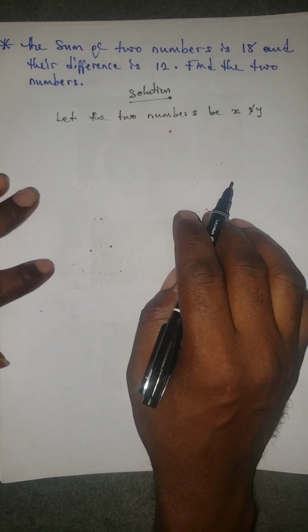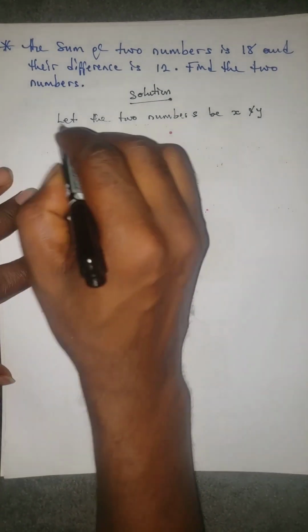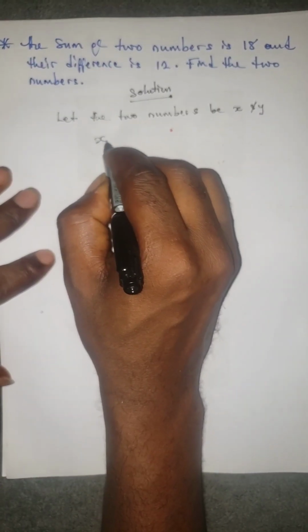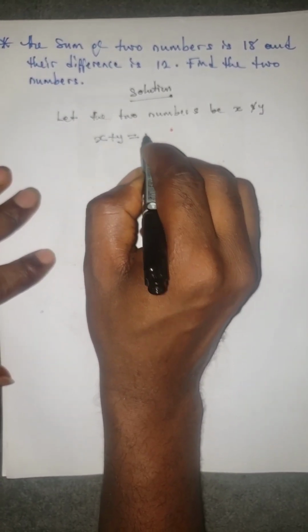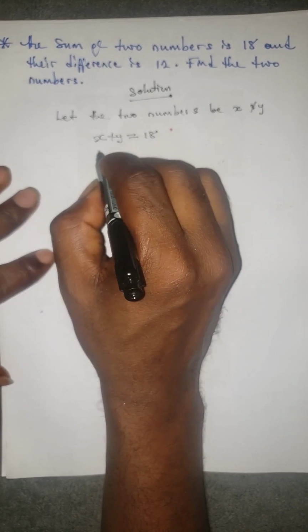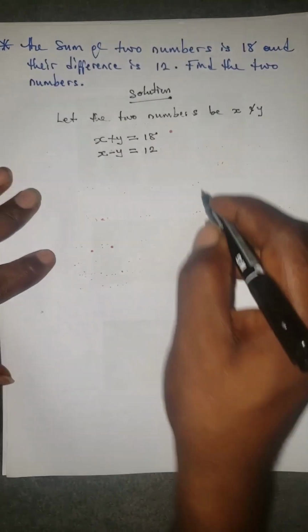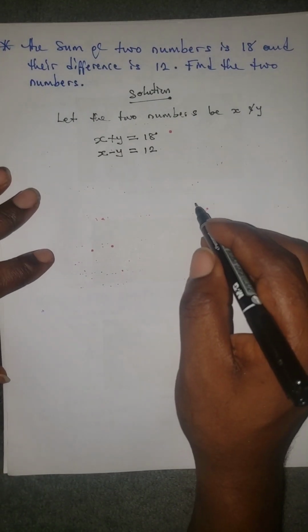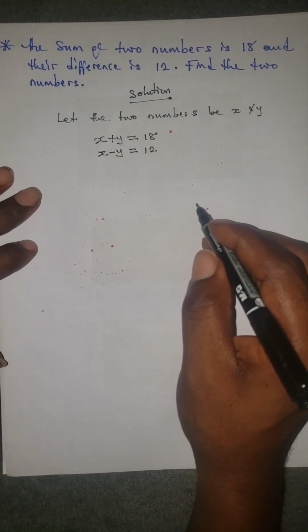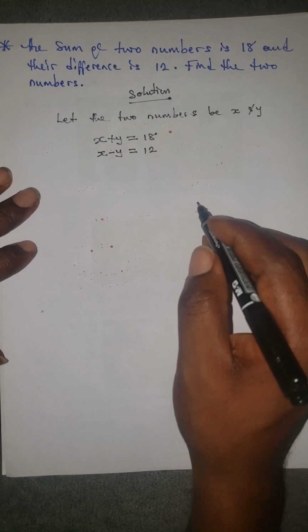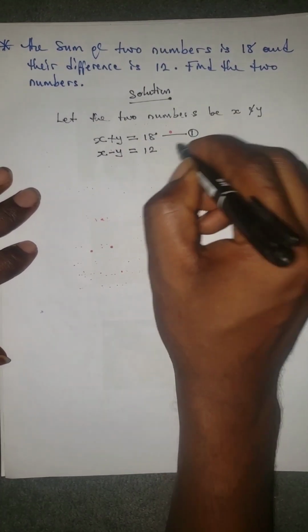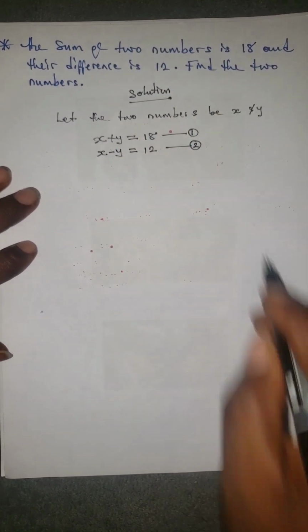The sum of those two numbers, x plus y, equals 18, and their difference, x minus y, equals 12. Let's call this equation 1 and this equation 2.